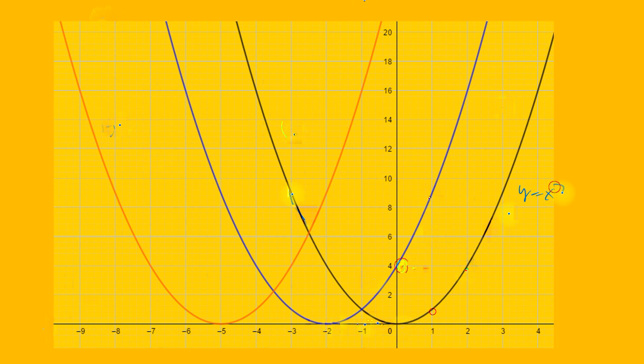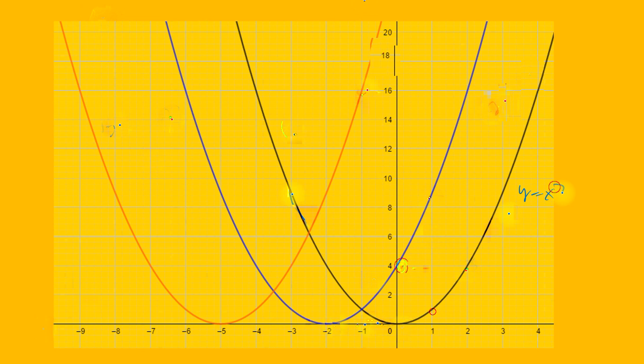So f of x is shifted horizontally by 11 units to the right, because h is positive, to obtain y equals x minus 11 squared.